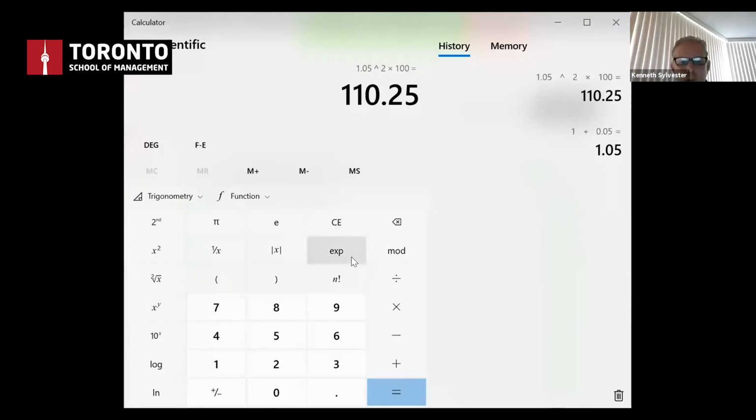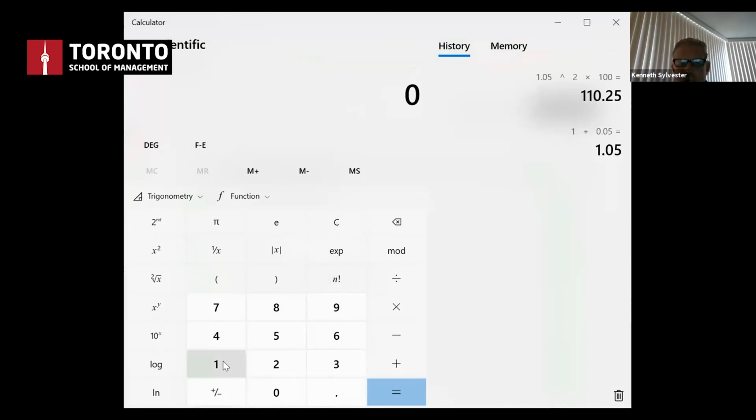So I'm going to share my calculator. Okay. So I'm going to clear it. Watch what I do with the calculator. I said that the present value is equal to 110.25 divided by 1.05 to the power of 2. So you have to do that interest factor first.